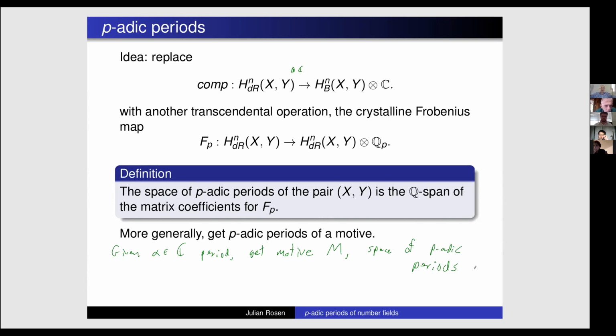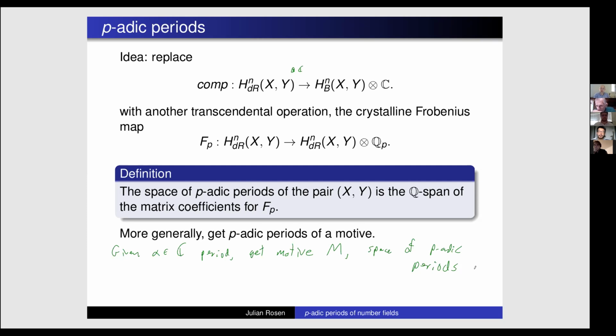But there is a finite dimensional space of p-adic periods associated with a complex period. Let me say also that some information is lost looking at p-adic periods. The space of p-adic periods of a pair X, Y is in general of smaller dimension than the space of complex periods.